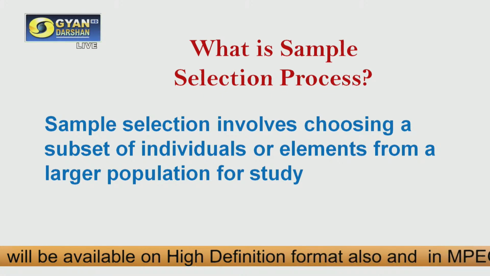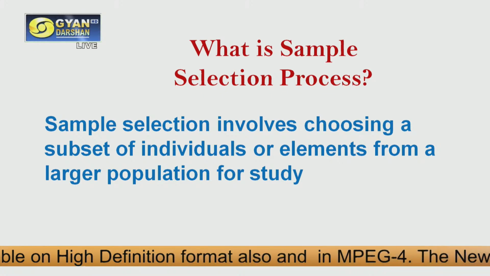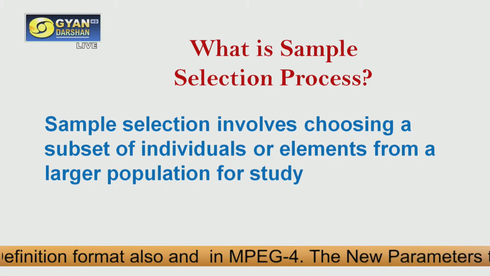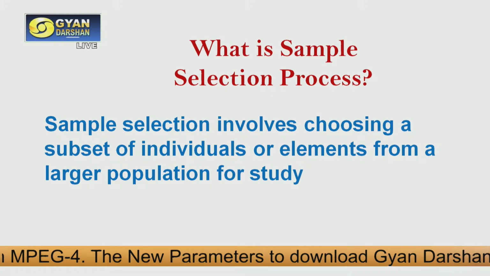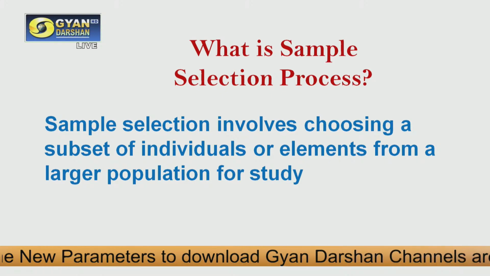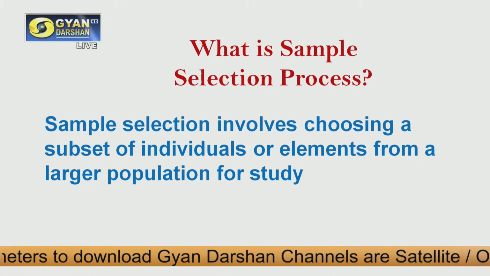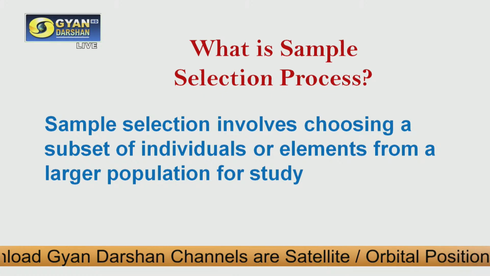Whatever desired target population you have decided, from that population you are selecting a subset. This is to reduce the effort, the time consuming efforts, and to reduce the cost. To make it a cost effective measure and to bring the outcome in a time bound manner, you will be using the sample selection process.